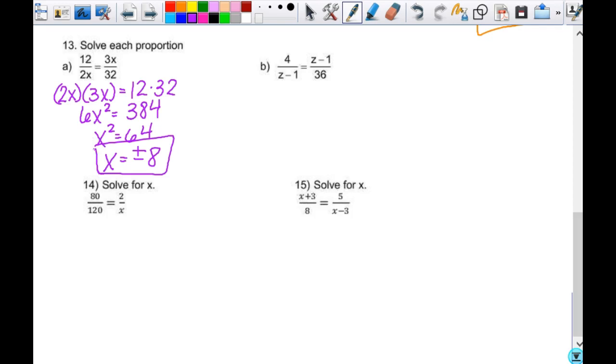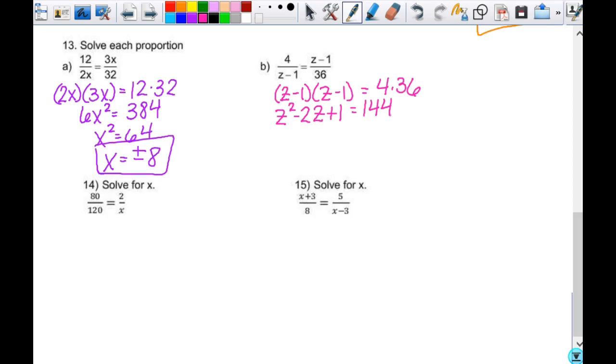All right, so I cross multiply here, and I get z minus 1 times z minus 1, which is also z minus 1 squared, by the way, equals 4 times 36. So this is going to give me z squared minus 2z plus 1 equals 4 times 36, which is 144.